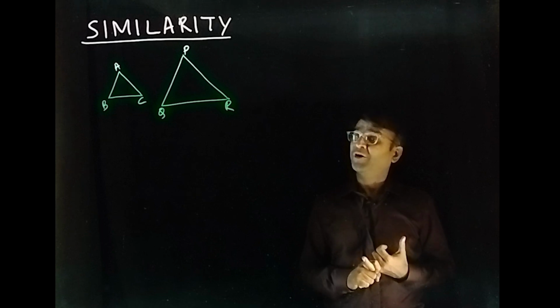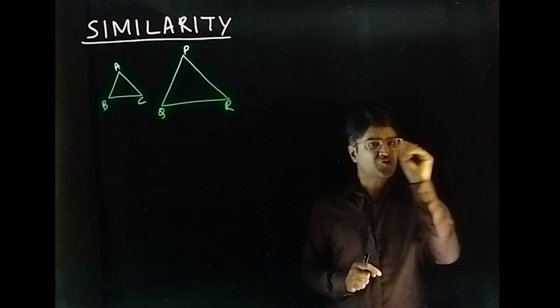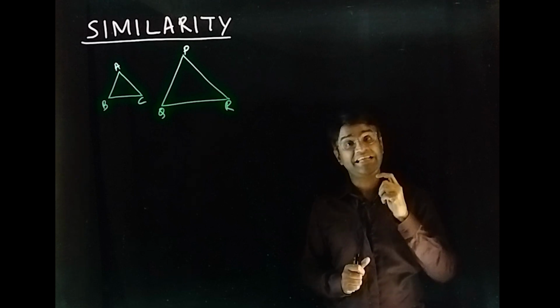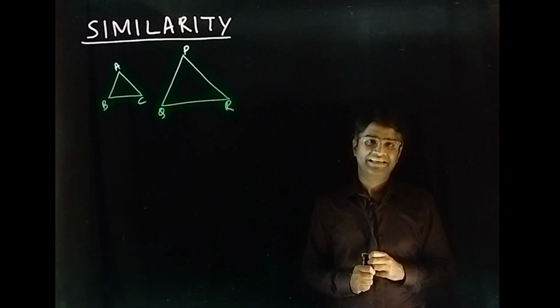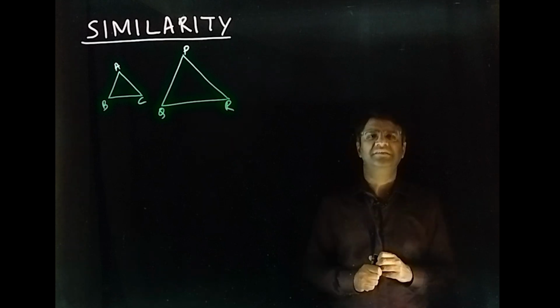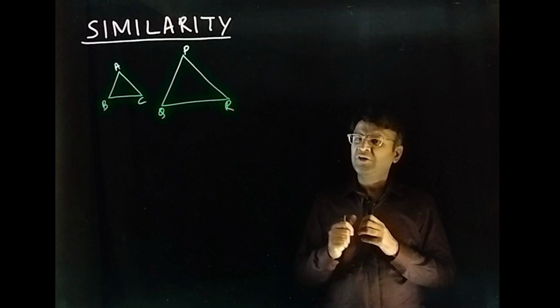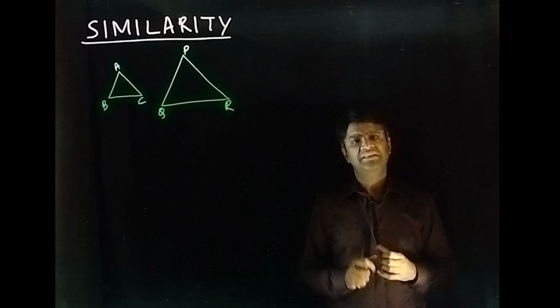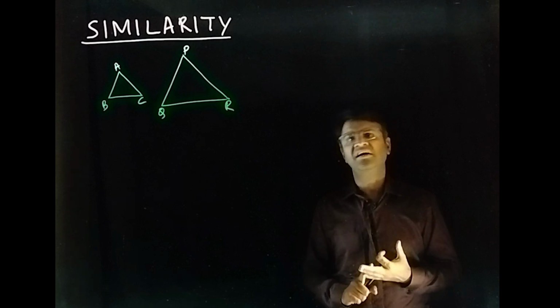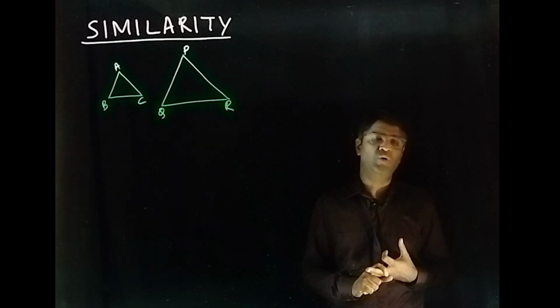Yes. What else do you see? Each corner is 90 degrees, which means they are equiangular. This is a classic example of congruent figures. When two figures are congruent, they will be of same shape, same size, and the angles will also be equal.